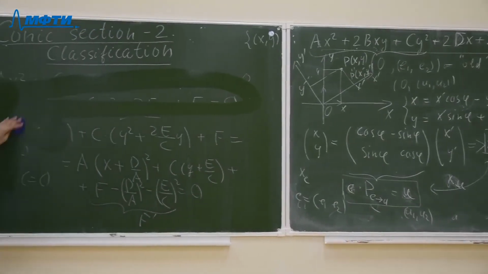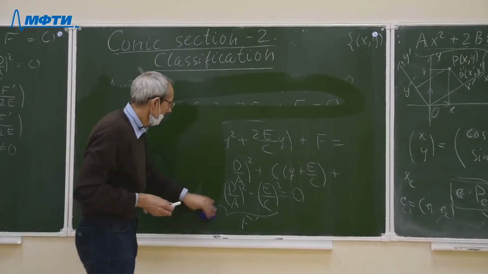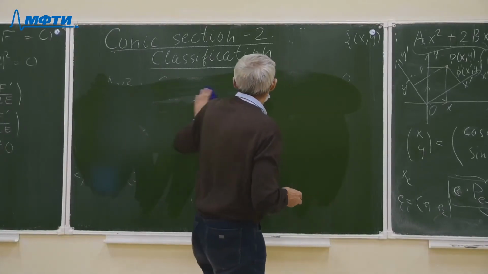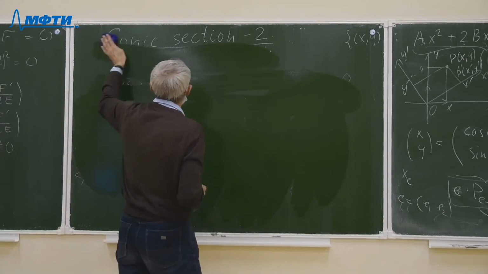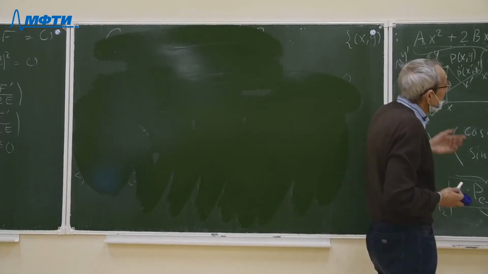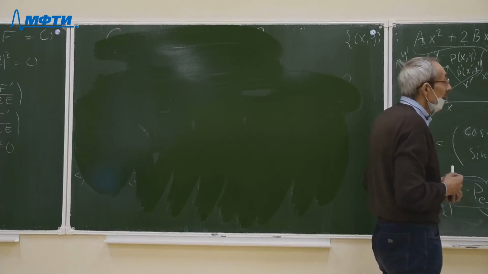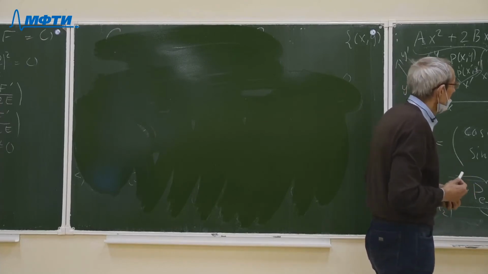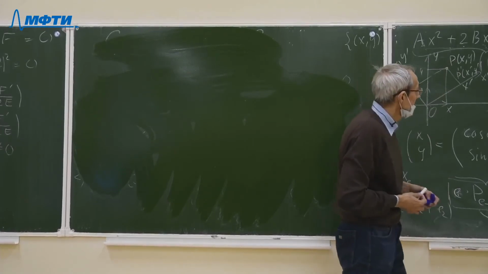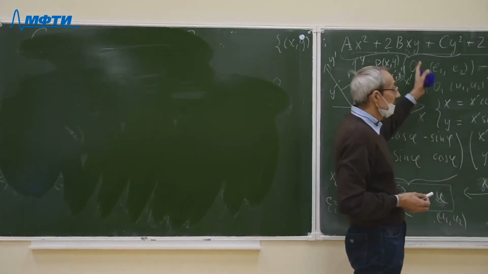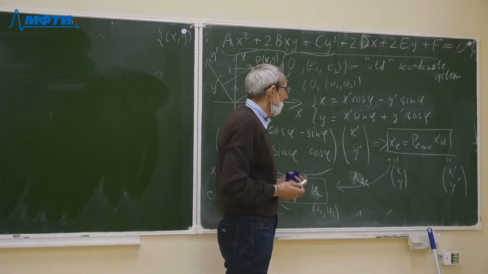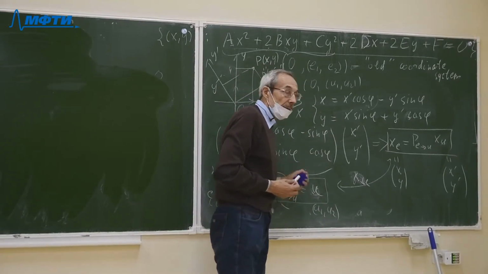We can calculate and obtain the new formula in two ways. The first way is an enough naive way, substitute this expression in this formula. And the second way, using the matrix notation.